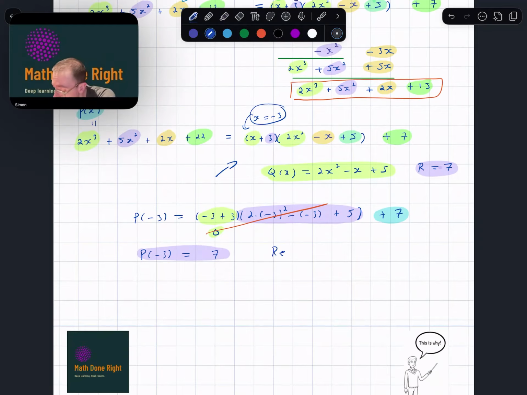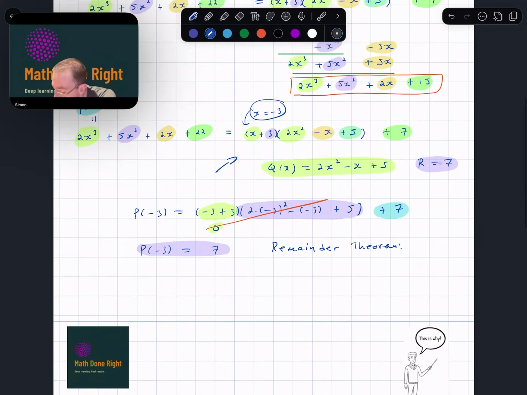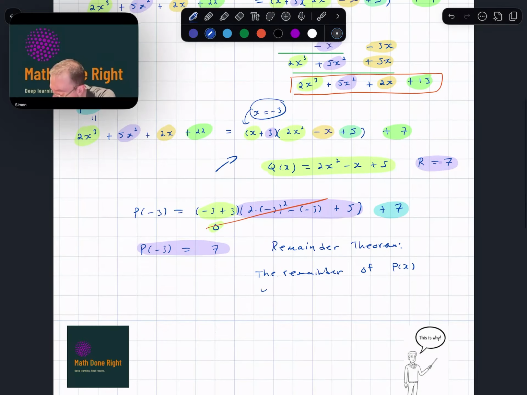And this is something we talk about in another video as well, the remainder theorem, which says that the remainder of a polynomial p of x upon division by x minus a, and this is for a in the real numbers, is p of a. Right? We state this in generality in the other video, but you can see it, right?